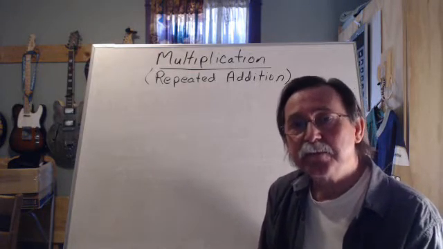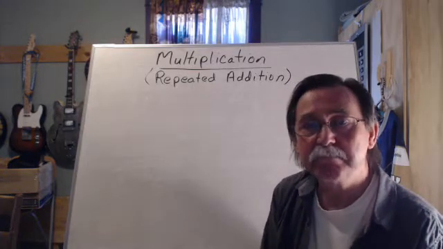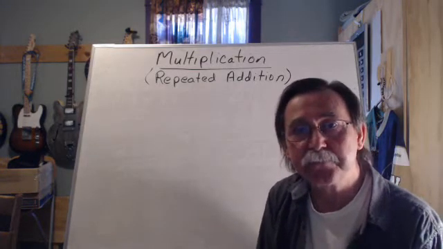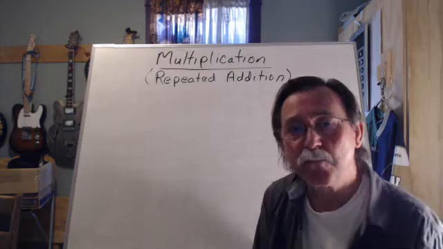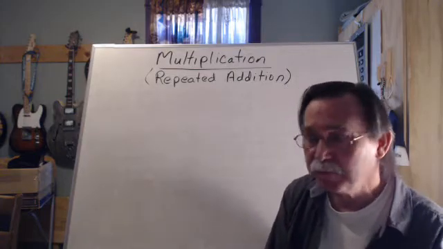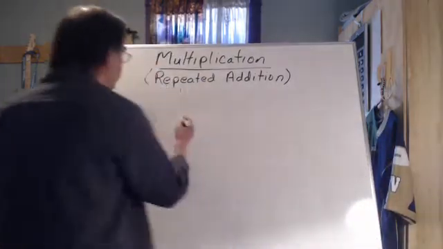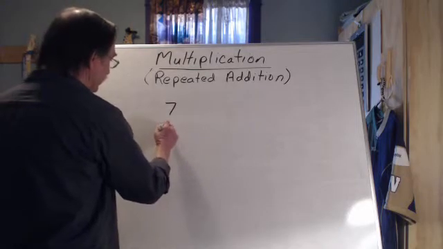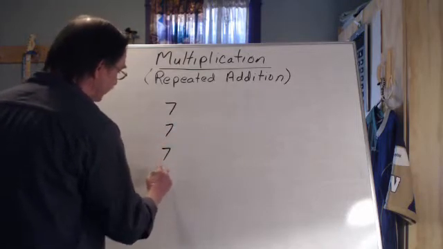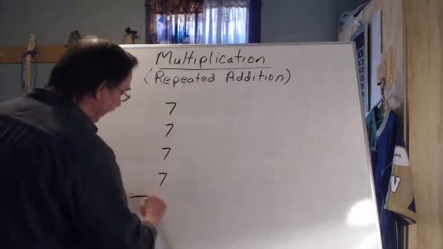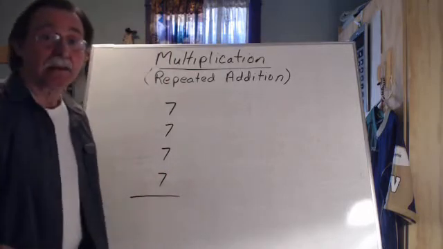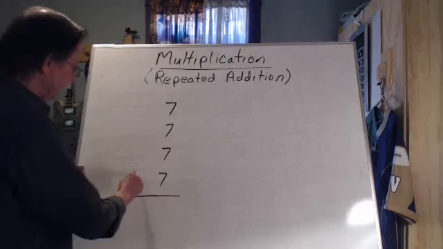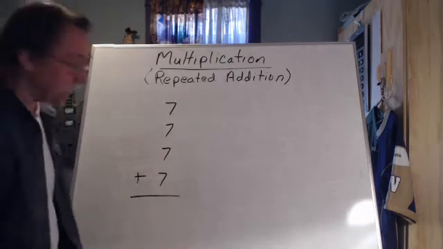If I have 7 things in a group and I have 4 groups of them, I could do this. I could go 7 plus 7 plus 7 plus 7 and add them all up, and I would get 28.